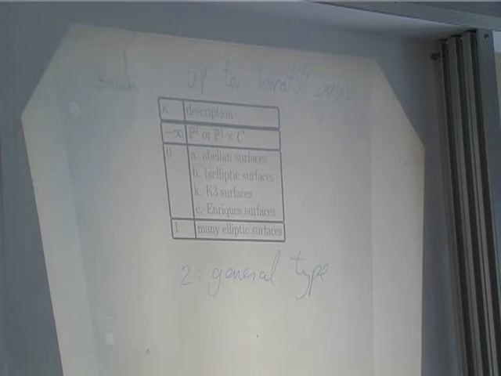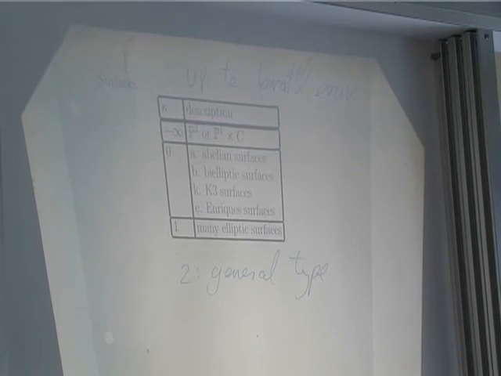Kodaira dimension 0 is a collection of situations. Each one is fairly explicitly understood. Abelian surfaces are parameterized by a countable collection of moduli spaces.